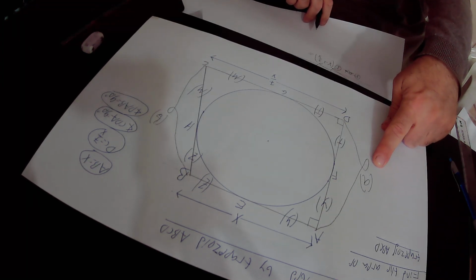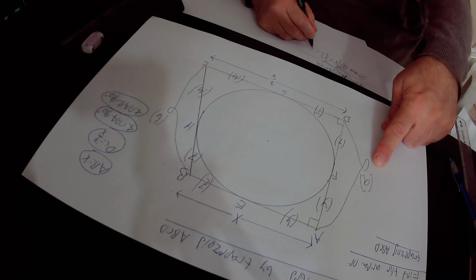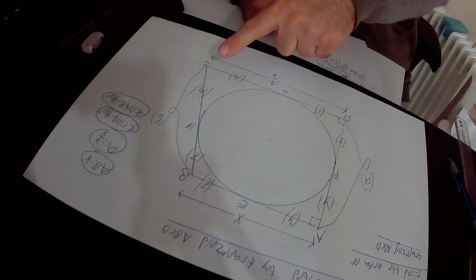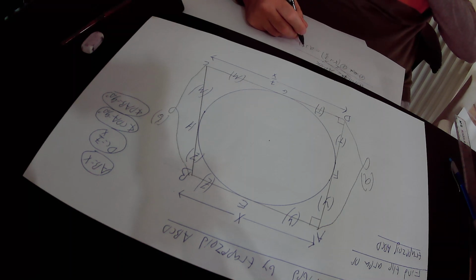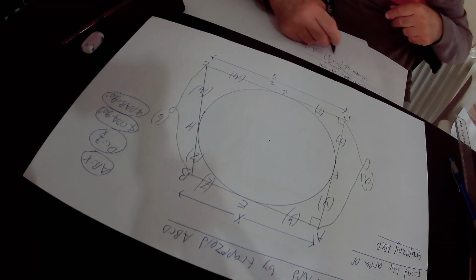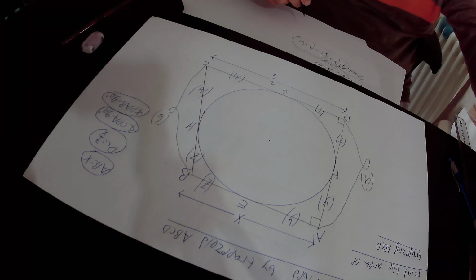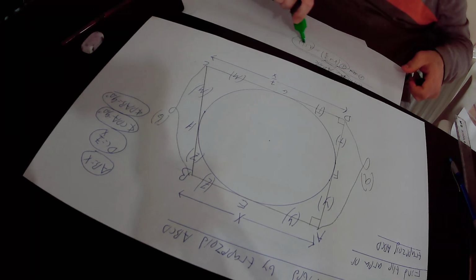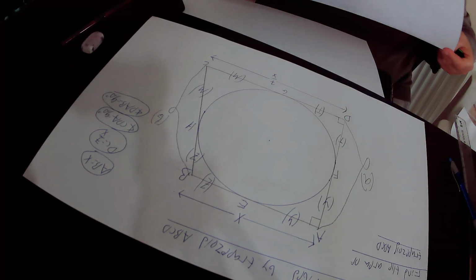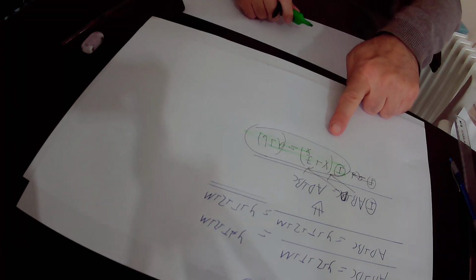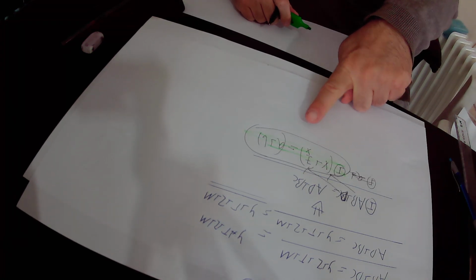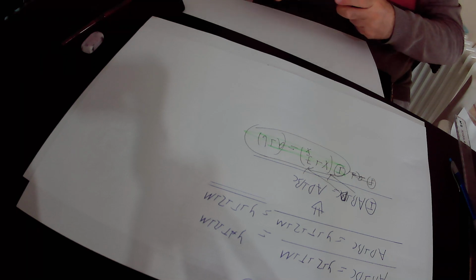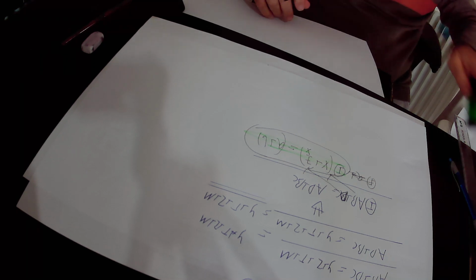AD, according to our definition, is A, plus BC. BC is B. So we found out that according to equation 1, X plus 7 over X equals A plus B.